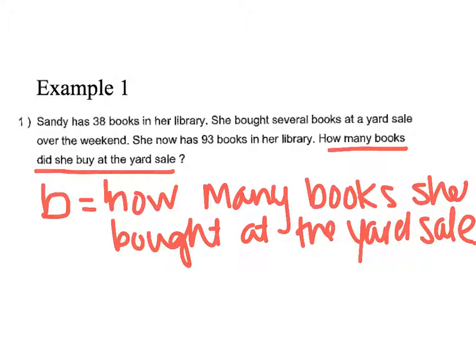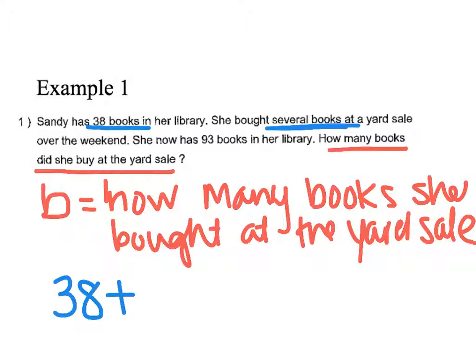So then we would like for you to try to write an equation. Sandy has 38 books in her library now. So she has 38 books. She bought several books at a yard sale. So that's what we don't know. So she has 38 books now, and she bought some more.